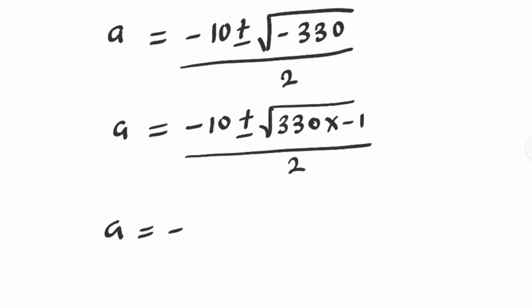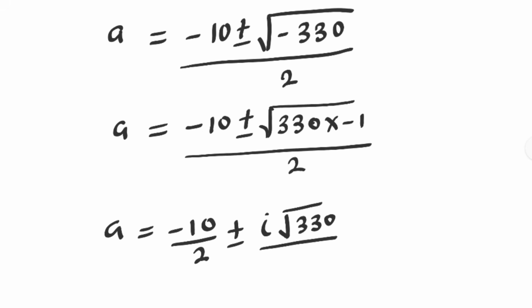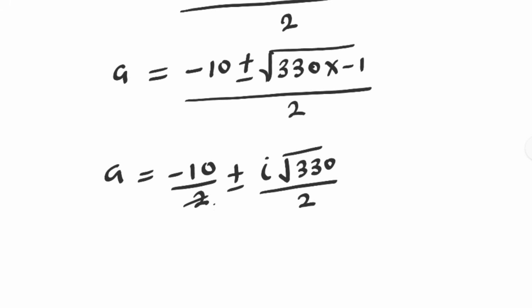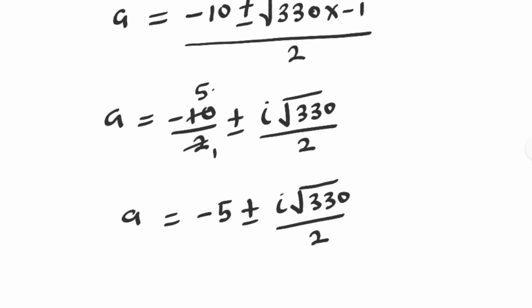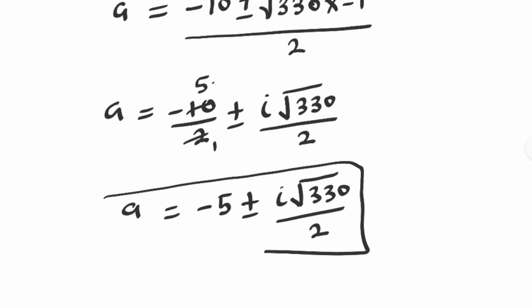A is equal to minus 10 divided by 2 plus or minus i root 330 divided by 2. 2 here 1, 2 here 5. Then A is equal to minus 5 plus or minus i square root of 330 divided by 2. These are other values of A.